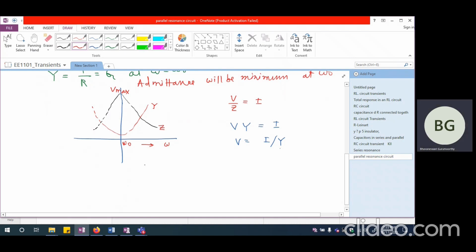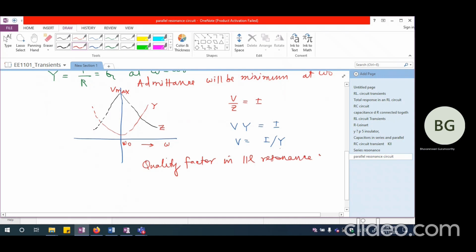Whereas the quality factor in this particular case is exactly the reciprocal of the quality factor in a series resonant circuit.